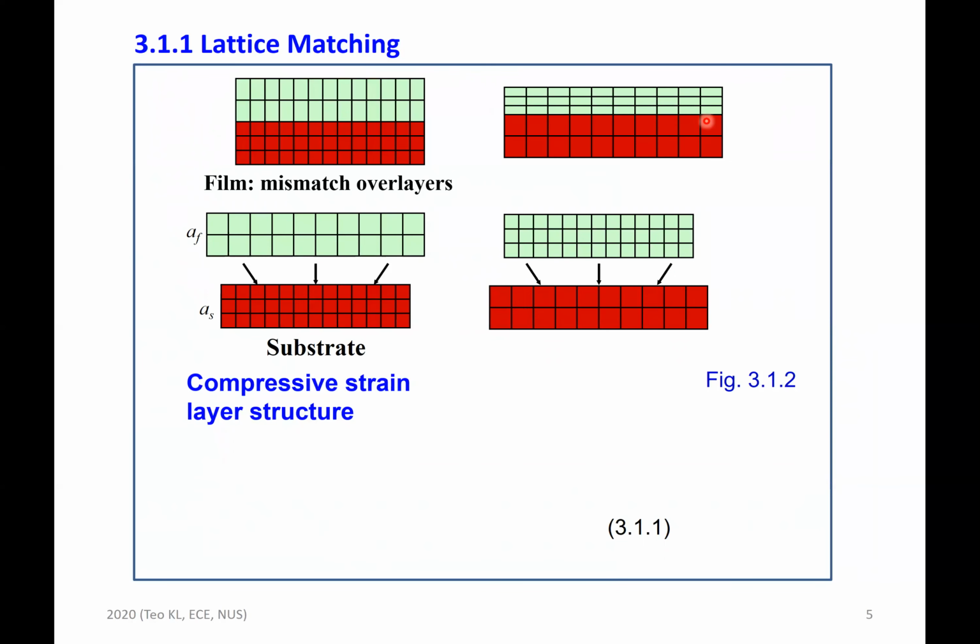If you stretch laterally, then vertically it will be compressed. Similarly, for compressive strain, if compressed laterally, then vertically it will be stretched. So this is known as the tensile strain layer structure, where the lattice constant is stretched laterally.